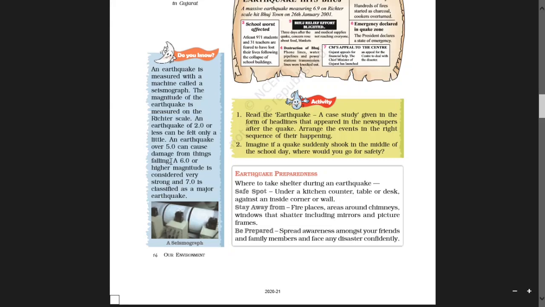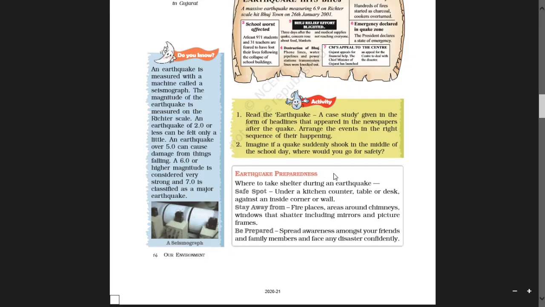So if it is 5 on the Richter scale, then it can cause damage from things falling. A 6.0 or higher magnitude is considered very strong and 7.0 is classified as a major earthquake. So see there, different scales have been given.